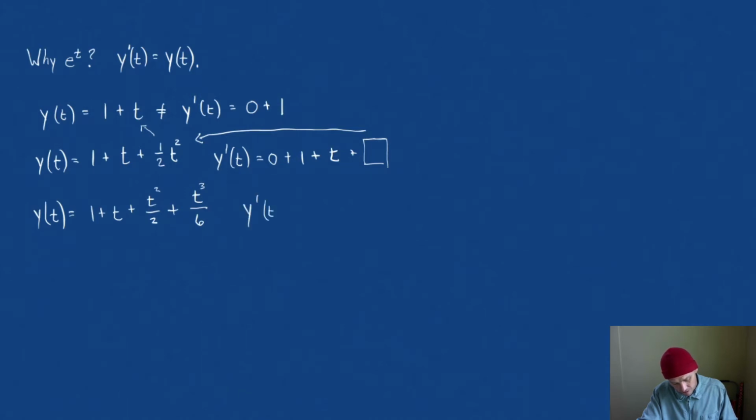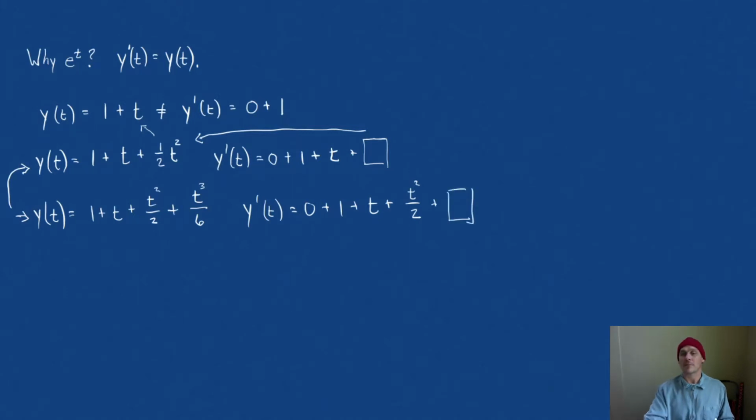Y prime of t, now I get a 0, then I get plus a 1, plus a t, and the 3 over the 6 is going to reduce to a 1/2, so there's t squared over 2. And look at this. Now, this y here, its derivative gets you back to that y. But again, I still fall short of this term.